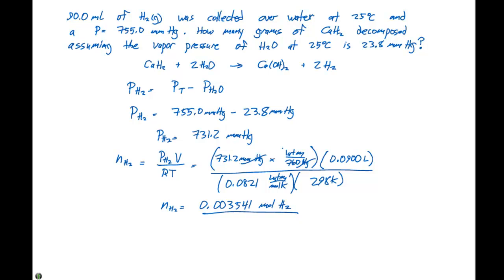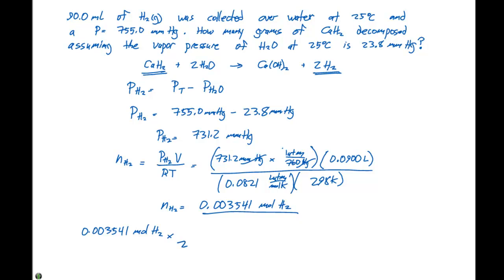If we want to figure out how many grams of CaH2 decomposed, we need to relate the H2 with the CaH2, and we can do that with the stoichiometry of the chemical equation. So we're starting with 0.003541 moles of H2, and we want to convert this to grams of CaH2.